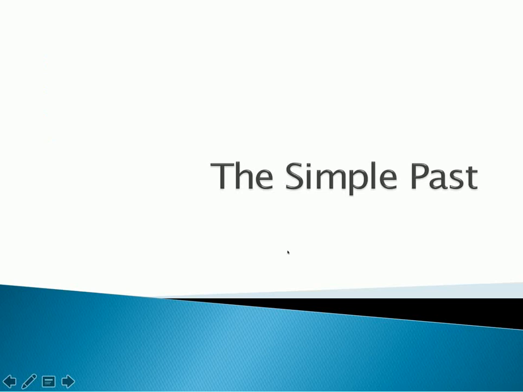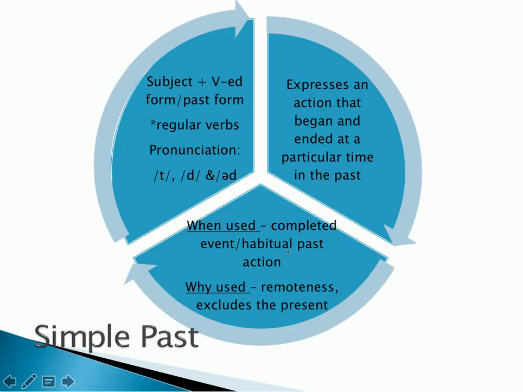The next verb tense is the simple past. Form: you have subject plus a verb ended in ed if it's a regular verb, to indicate past form. One important thing is to explain to students that if it's a regular verb, that ed can have three different pronunciations, t, d, or id, as we studied in phonetics.